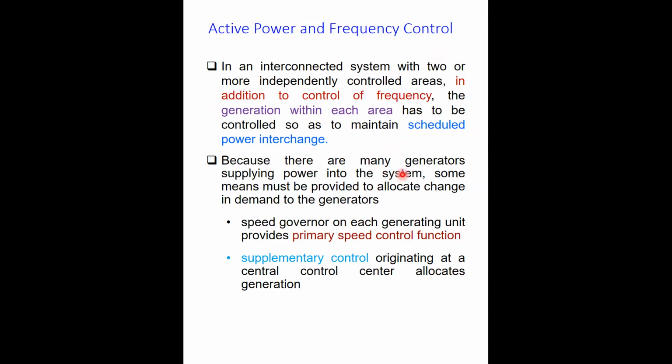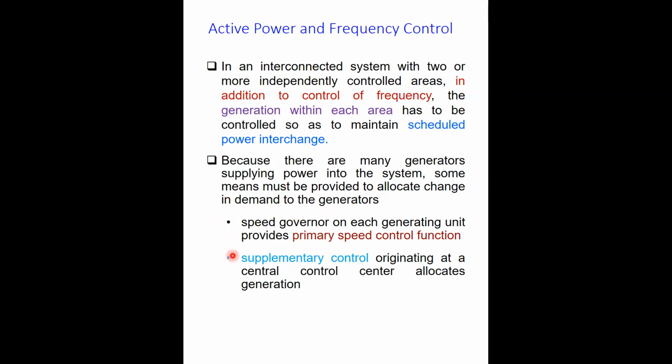So there are several generators in the system. Some of them need to have an allocation of the generation. So it will be decided which of those generators will be allocated for the change in the scheduled generation against the demand here.